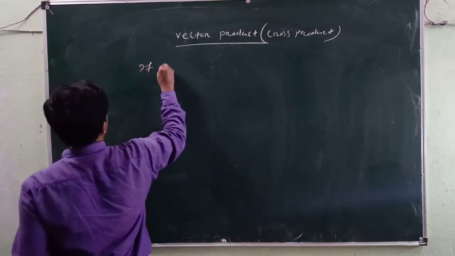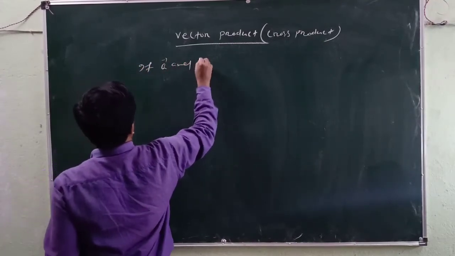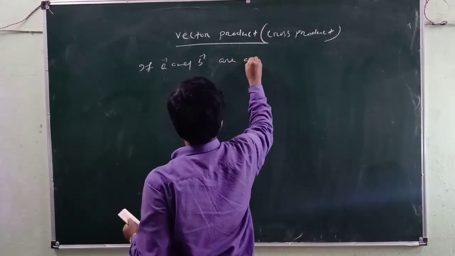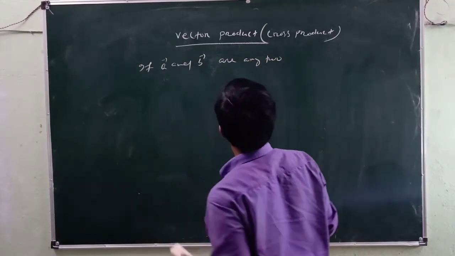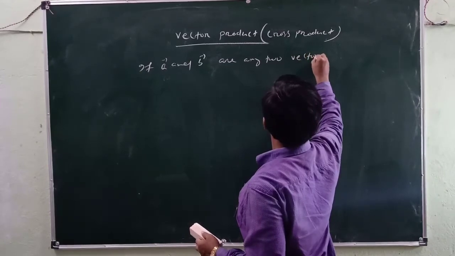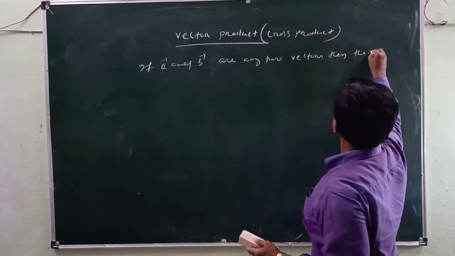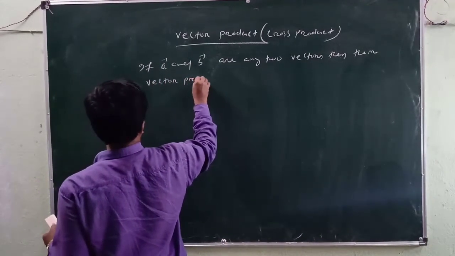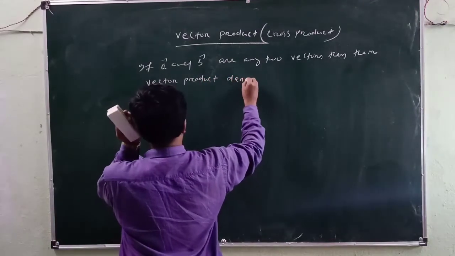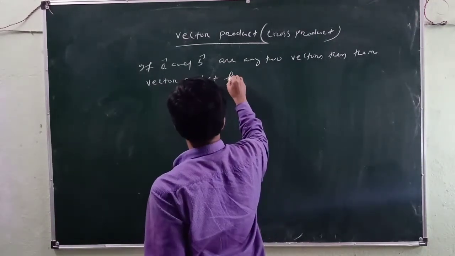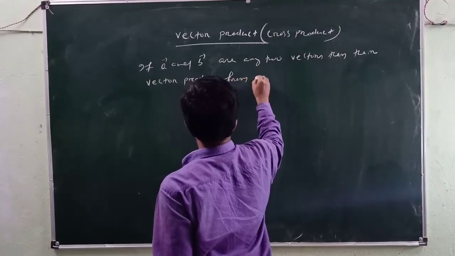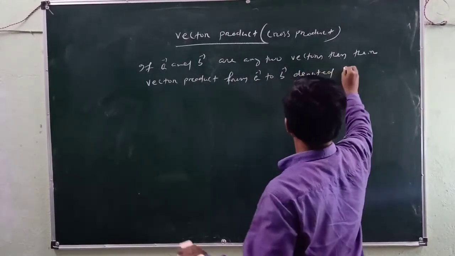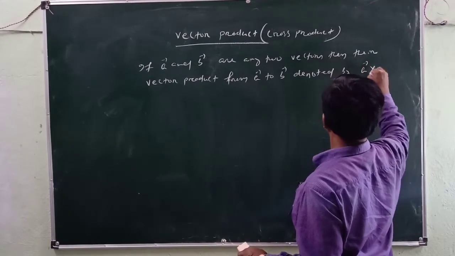If A and B are any vectors, then their vector product from A to B is denoted by A cross B.